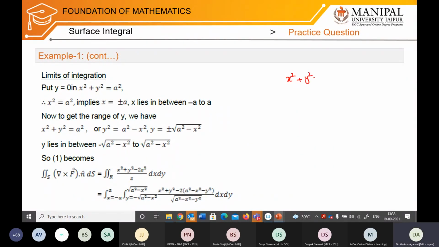Let's say x square plus y square plus z square equals a square. This one is our surface, right? We are doing integration with respect to x and y. So x square plus y square equals a square. The z coordinate will become 0.